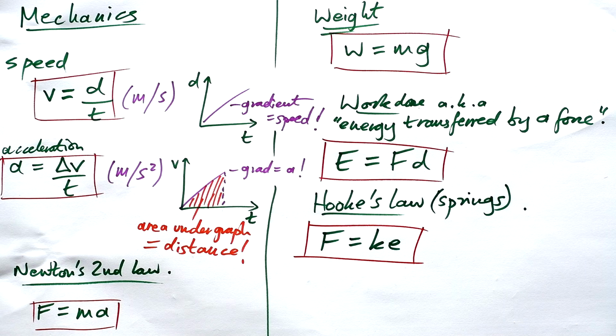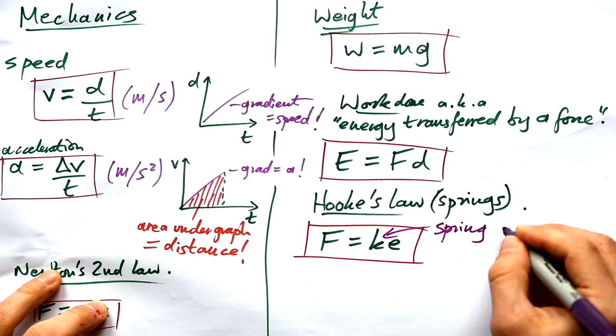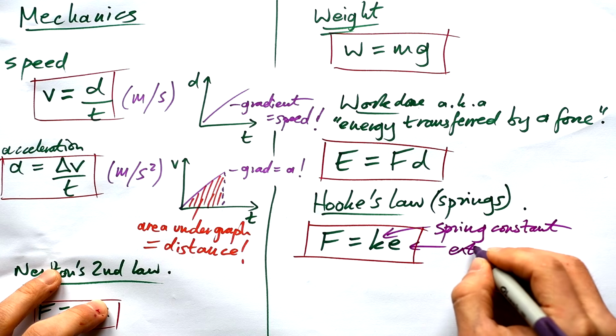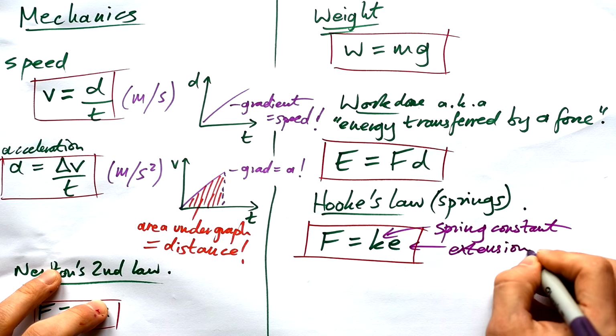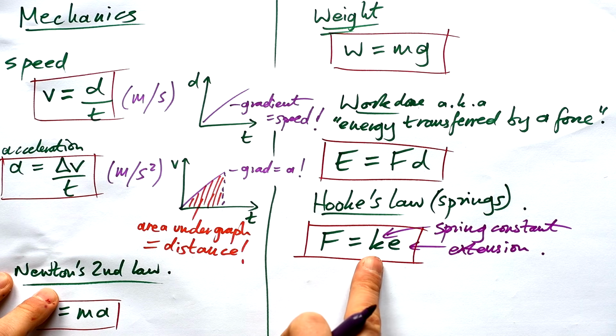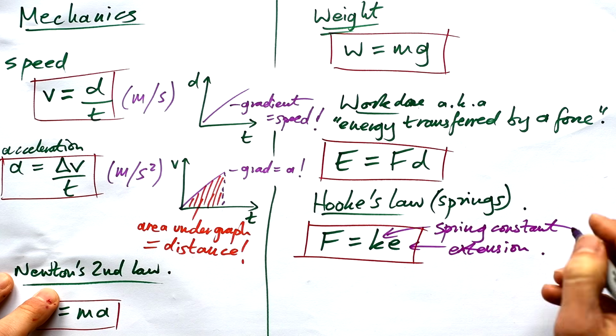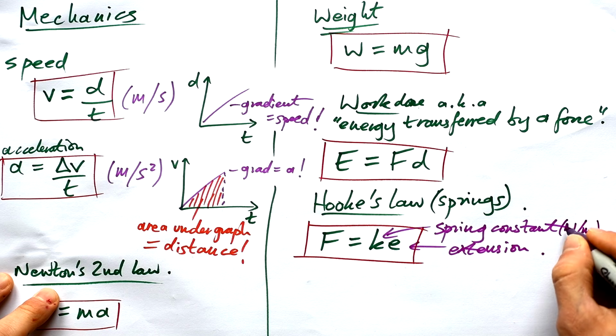Well, the force you need to pull a spring with is calculated by the spring constant, that's what k is, times the extension of the spring. It's not the total length of the spring, it's how far it's stretched from its original position. What is the unit of the spring constant going to be? Well, if we rearrange this to have k by itself, we have force divided by extension, which is in meters. So spring constant is usually in newtons per meter.